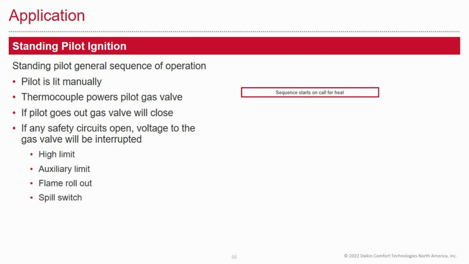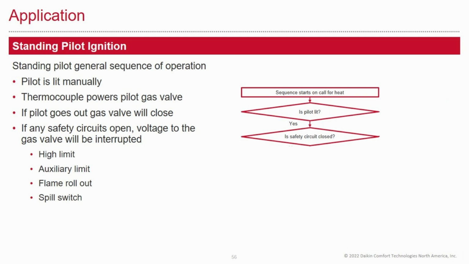Sequence of operation starts on a call for heat. Is the pilot lit? If yes, it verifies that the safety circuit is closed. If the pilot light is not lit, or the safety circuit is not closed, the furnace will not operate.